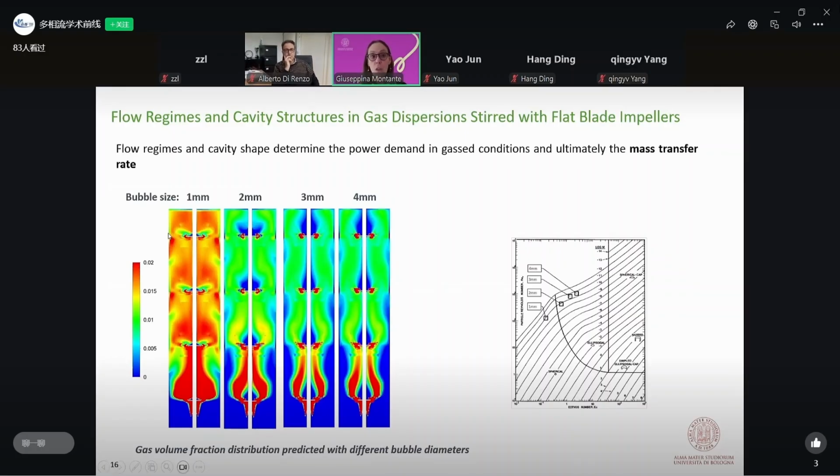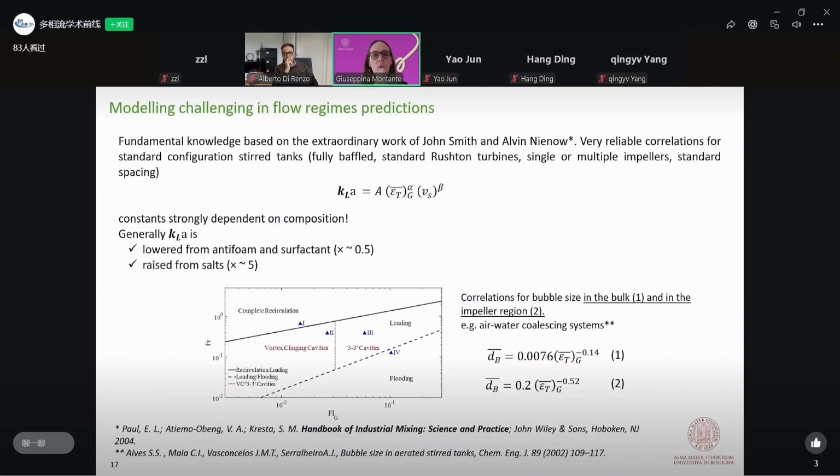The drag coefficient of bubbles exhibits big changes moving from 1 to 2 millimeter, while above 2 millimeter, we have a slight variation of the bubble rise velocity. It is indeed the bubble rise velocity that is the variable to look at. The bubble size is actually useful only for calculating the drag coefficient and the bubble rise velocity.